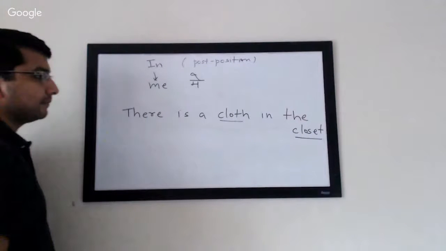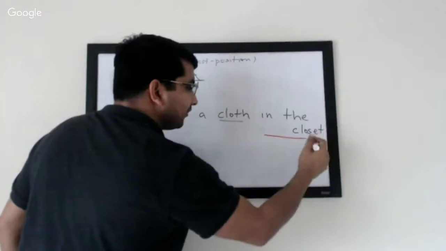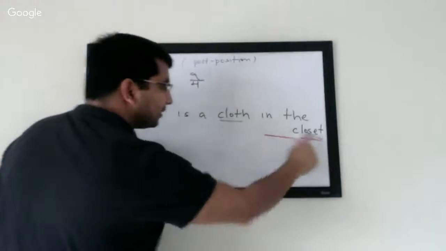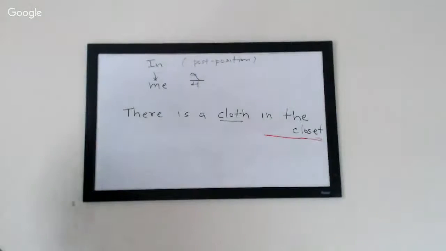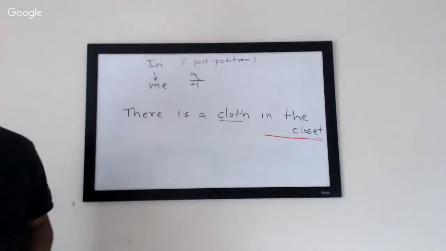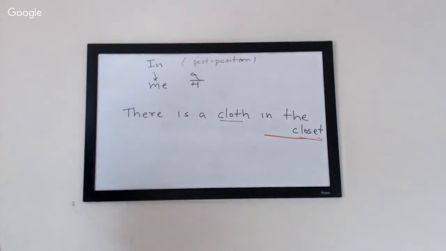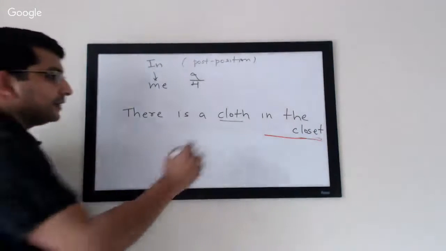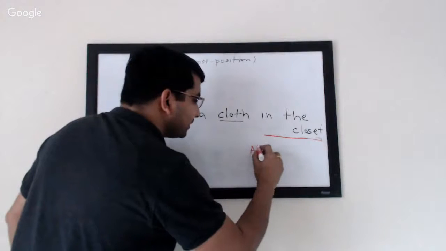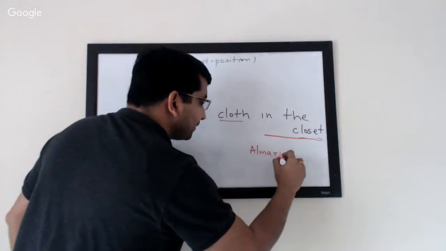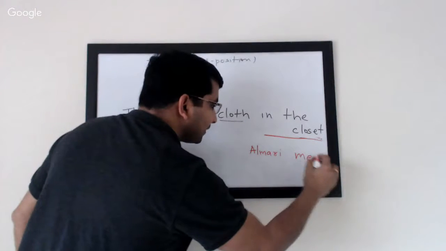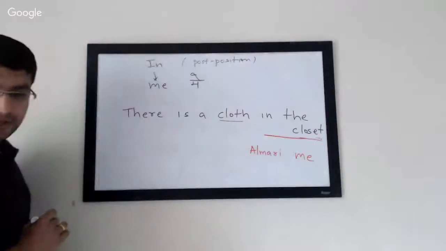Look, read this together, right? In the closet. First, if I were you, I would write the sentence for this one, and then I'll join the remainder of them. Very good, right? In the closet is almari mein. As simple as that, right?